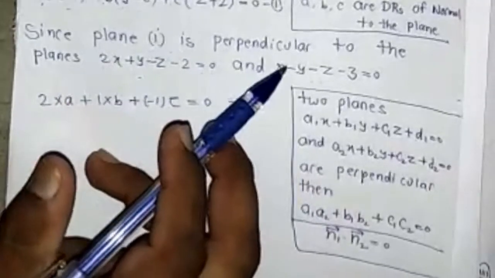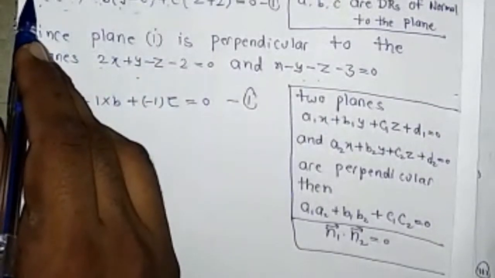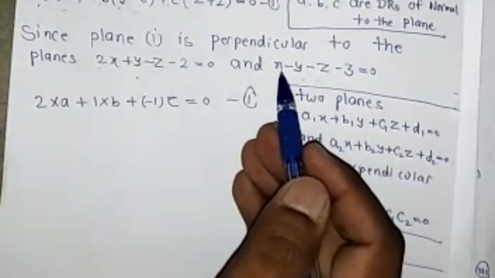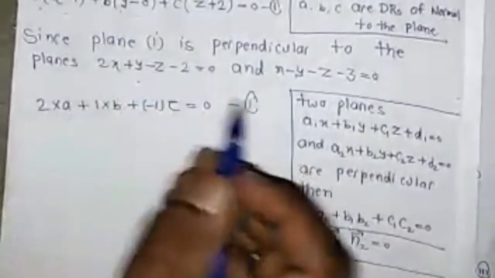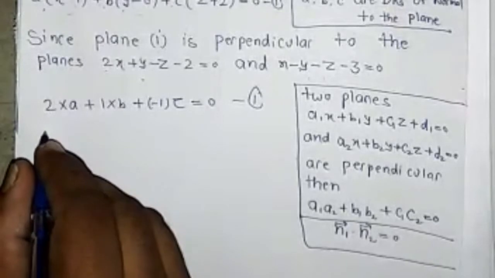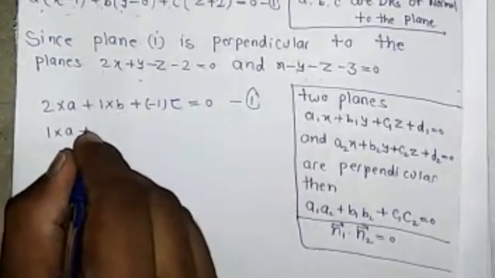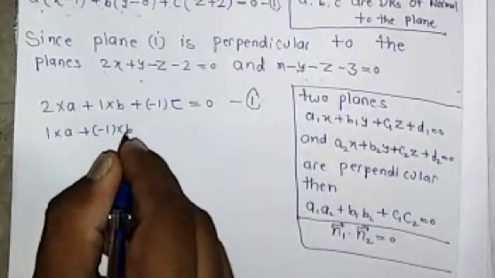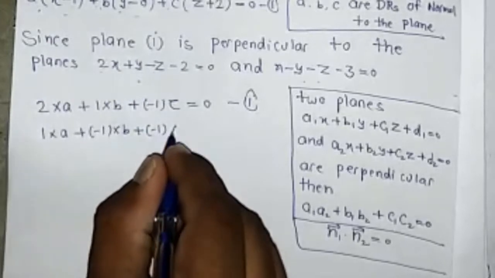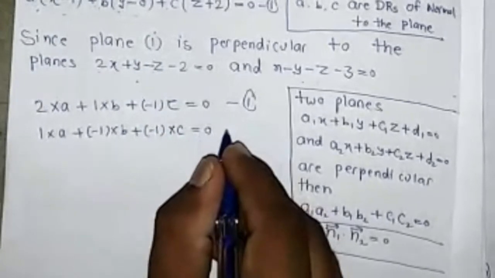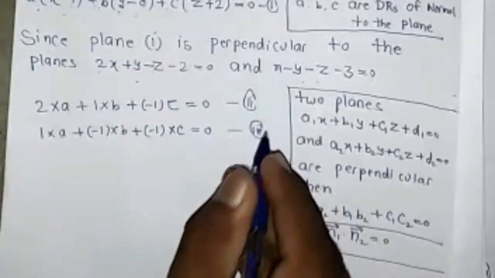This plane is also perpendicular to this plane, with direction ratios 1, -1, -1, so a - b - c = 0, and it is the second equation.